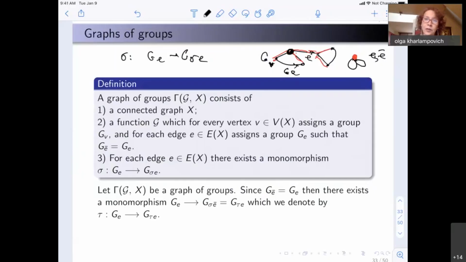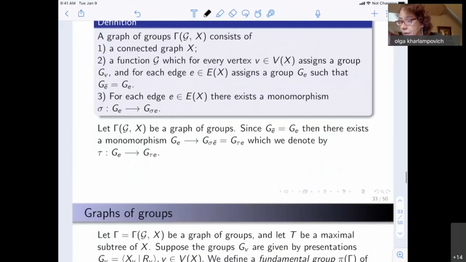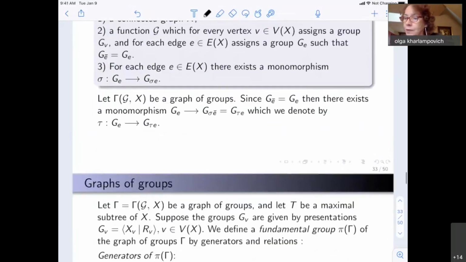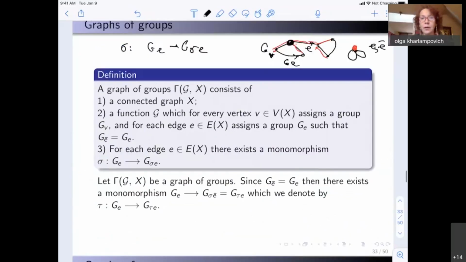That's exactly the group which is going to be isomorphic to the fundamental group of a graph of groups, as I defined it. And it doesn't depend on the tree. And now we can also formulate, if instead of the group we consider the Eilenberg-MacLane space of the group, then we have a fundamental group of a graph of spaces.